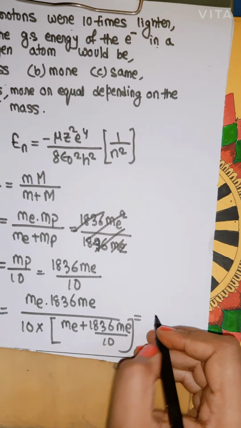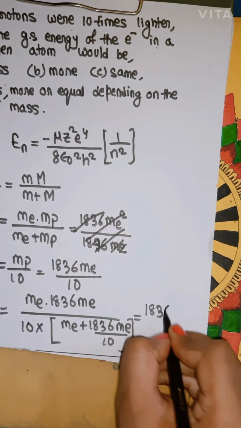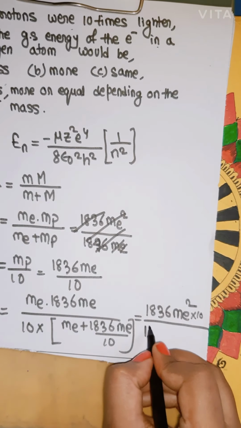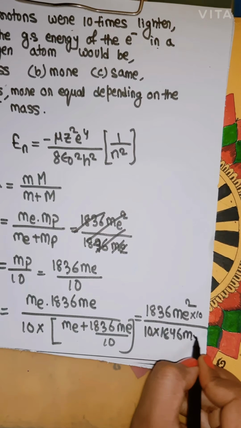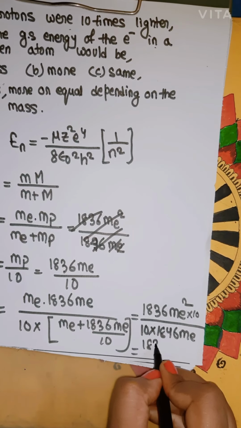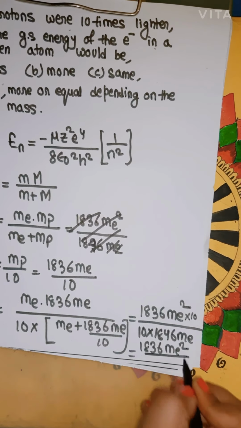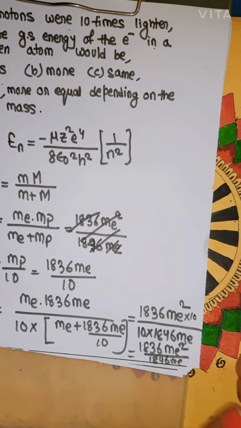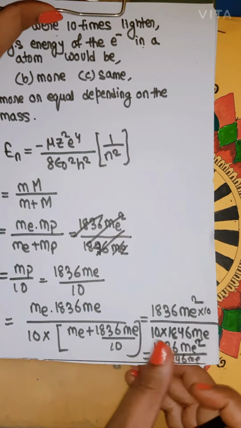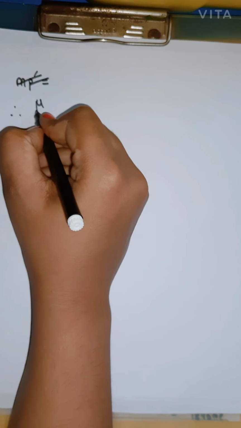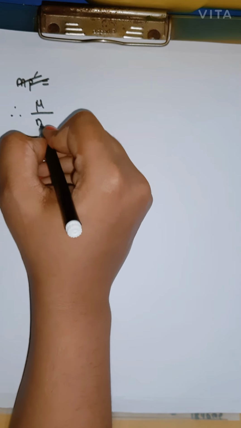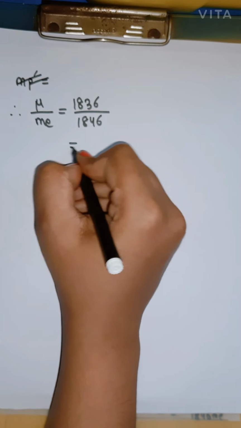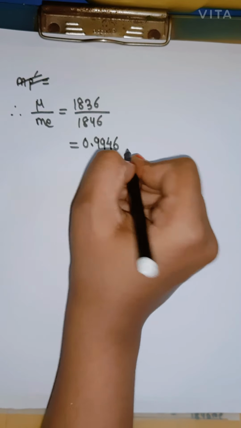So we will have 1836 me square into 10 by 10 into 1846 me, which implies 1836 me square by 1846 me. Me cancels, 1836 me by 1846. Therefore we have the reduced mass relative to me equal to 1836 by 1846, which is equal to 0.9946.